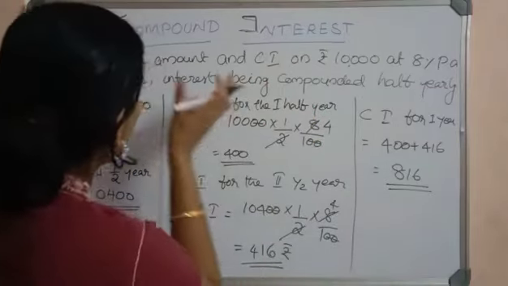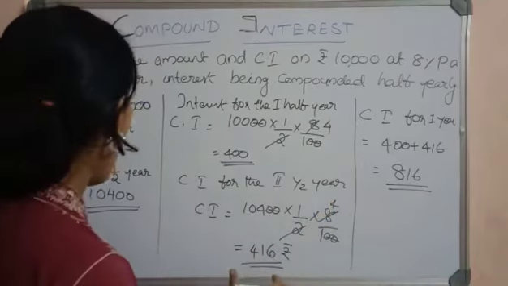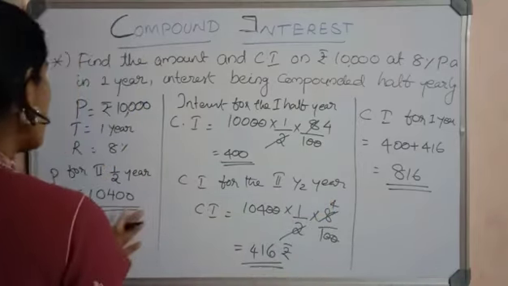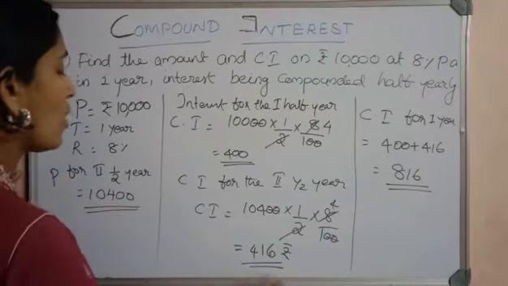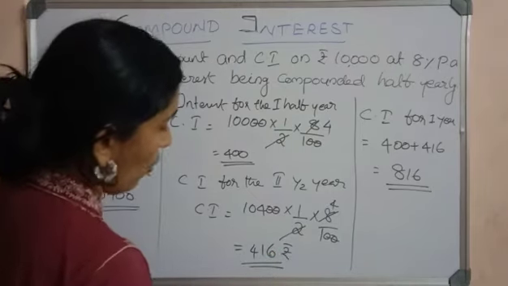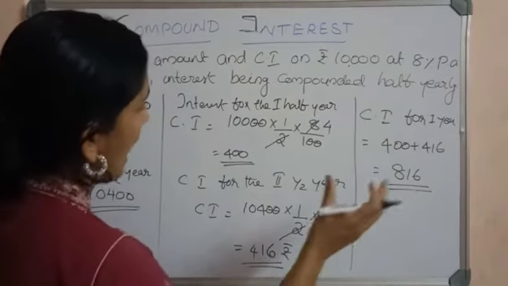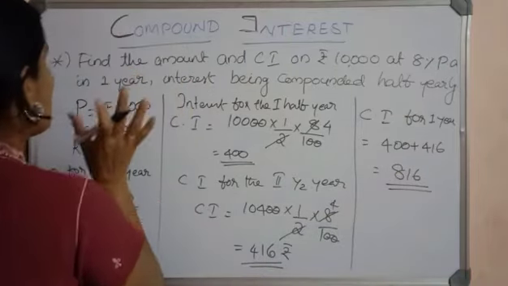Now we need to find the amount as well. So the amount will be obtained by adding the interest for the second half year plus the principal for the second half year. That means 10,400 plus 416. That will be your amount at the end of first year. Or you can find the amount by adding the total compound interest for first year plus the principal for the first year.